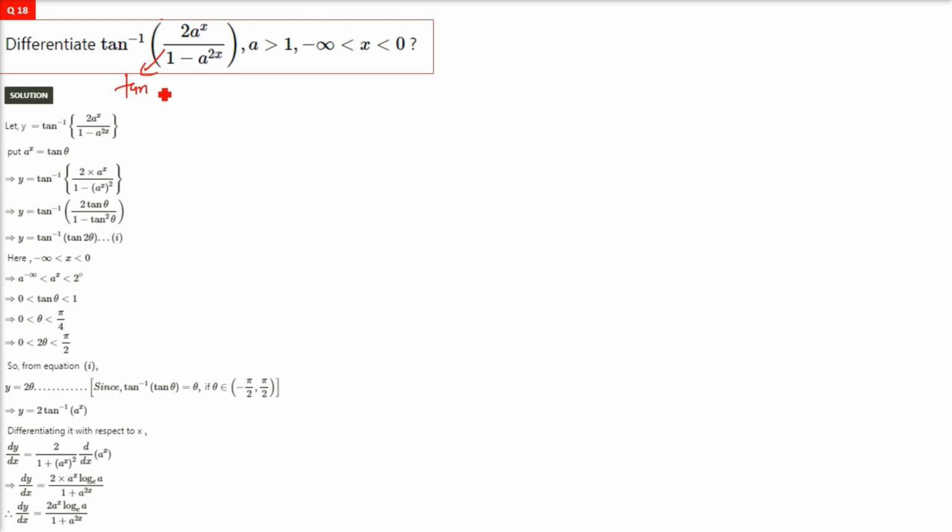So that is what we have to get a tan inside, because tan inverse is there. We need to get a tan so that we can cancel this tan and tan inverse. Okay, so 2a to the power x by 1 minus a to the power 2x. So I am writing a to the power 2x as a to the power x whole square.